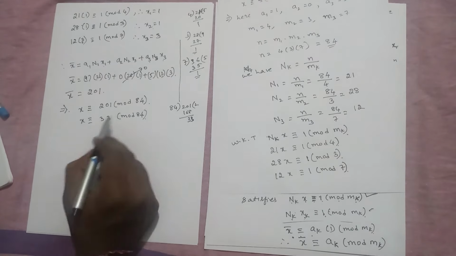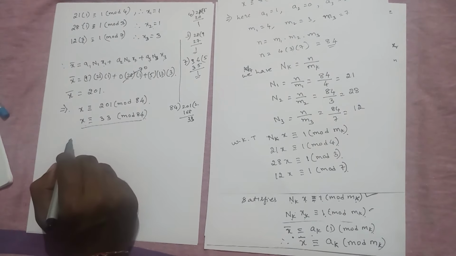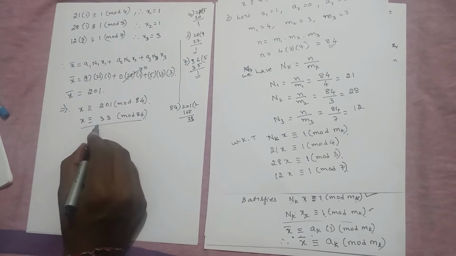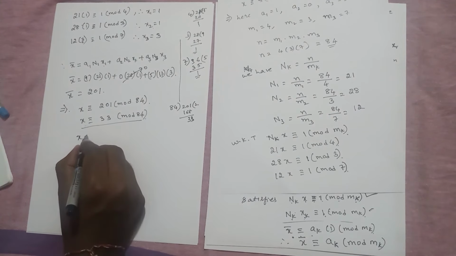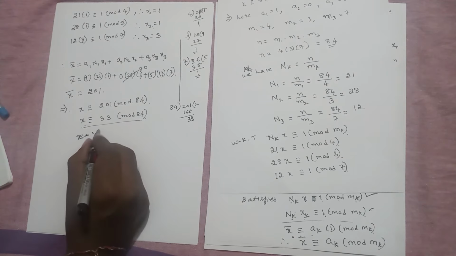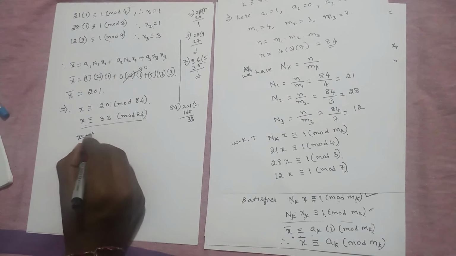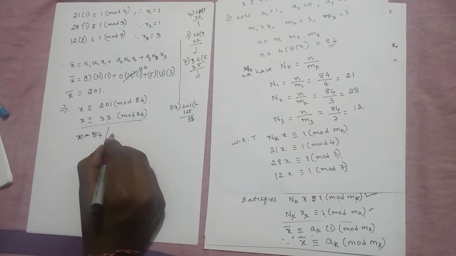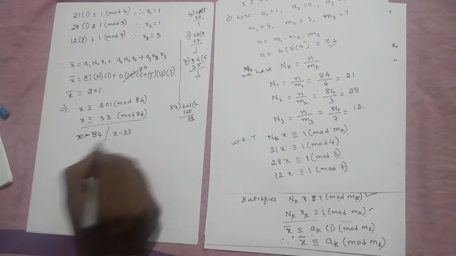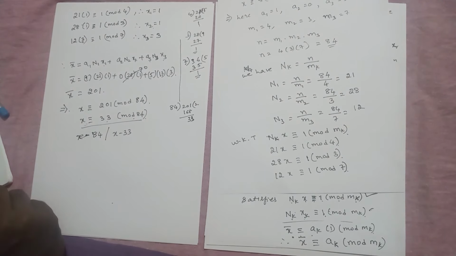So now use the congruence definition. x minus 33 is divisible by 84.